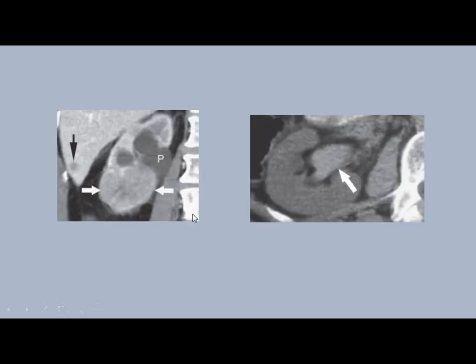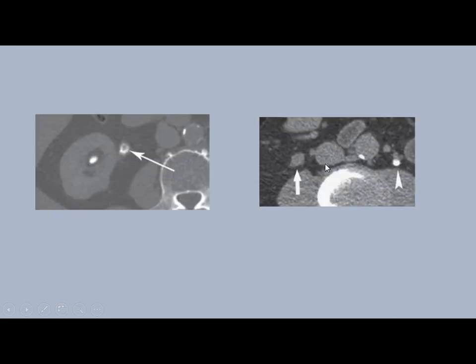Again, this represents a soft tissue mass, this one arising from the lower pole calyces, causing obstruction of the upper calyces with dilatation. Again, this is also a non-contrast study showing a soft tissue density in the pelvis, again representing tumor or transitional cell carcinoma.